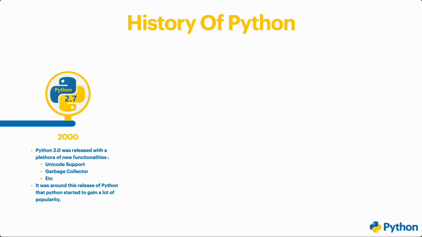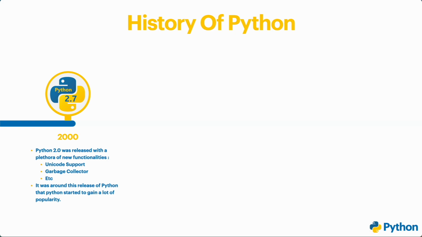However, Python was still really simple to learn, and it had these advanced features. So a lot of people started to learn Python because, again, it was easy to learn but powerful at the same time. So due to this reason and many others, with the release of Python 2.0, Python gained a lot of popularity.